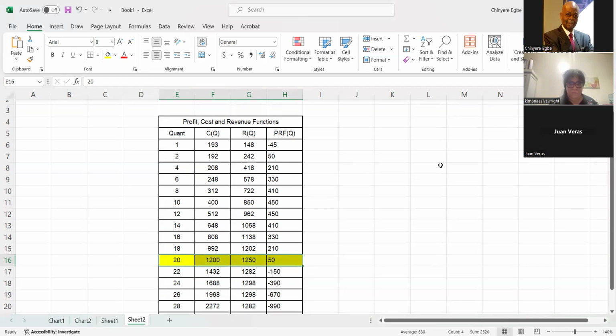Or you can do simple arithmetic. Your revenue is 1,250, so you sold for 1,250, but it cost you 1,200 if you manufactured it, so your profit is 50. Right? A lot of these problems are solved very simply in that way.